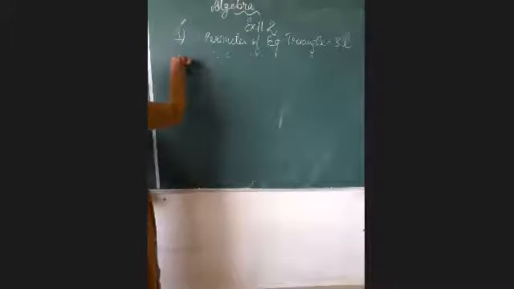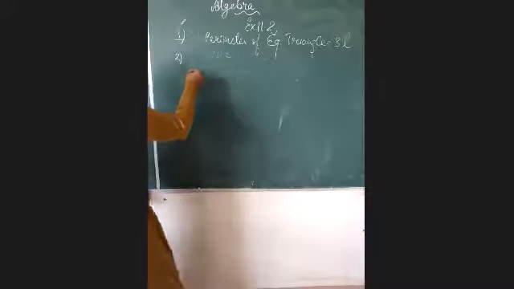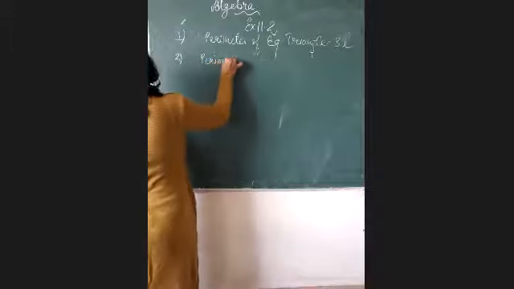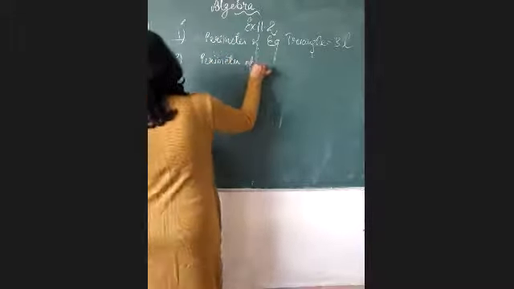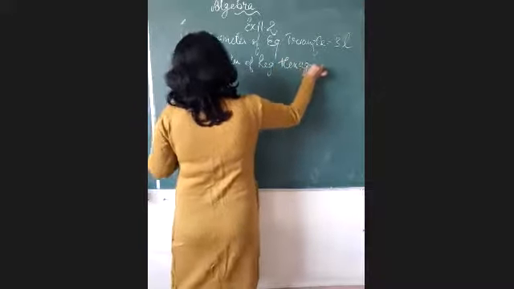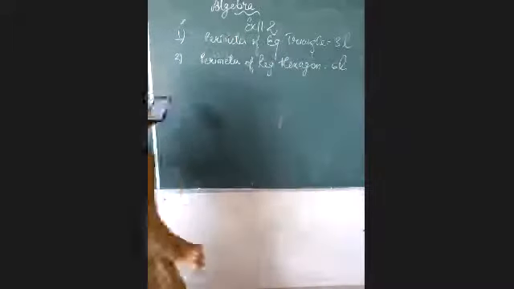And the second question is about a regular hexagon. So the formula for the perimeter of a regular hexagon, which has 6 sides, will become 6L.